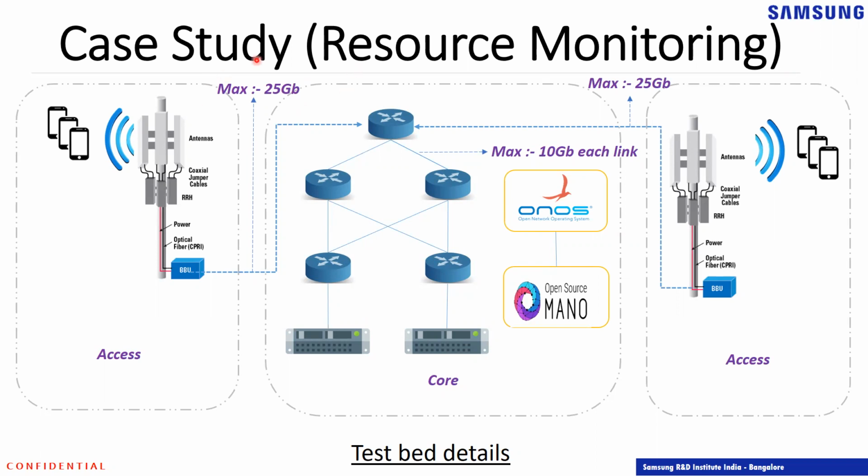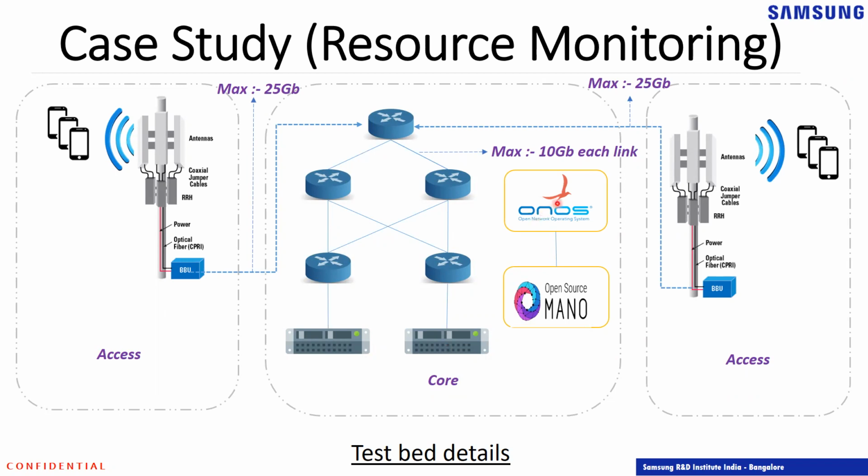So let me illustrate the crux of the problem. Here we discuss a common case study in one of our service provider networks. This network has 2 access layers and 1 core data center. It has 2 UPFs which are running on 2 bare metal servers in the data center.